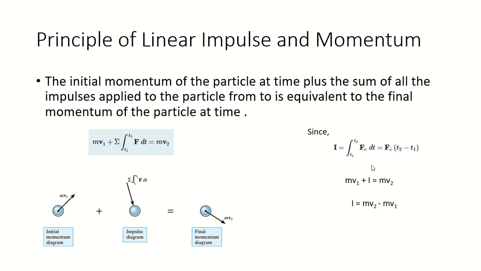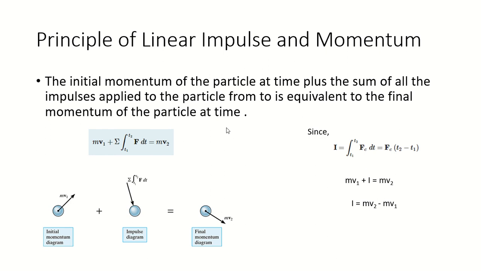So if you simplify it, your impulse again can be written this way: your constant force times t2 minus t1, and this is your impulse.